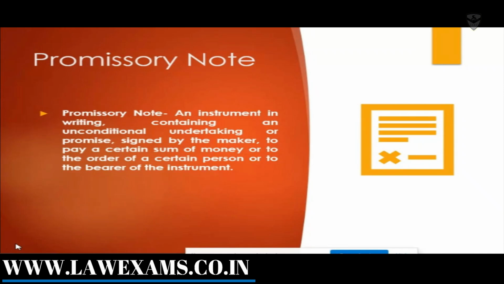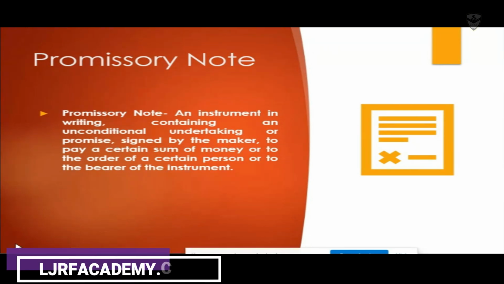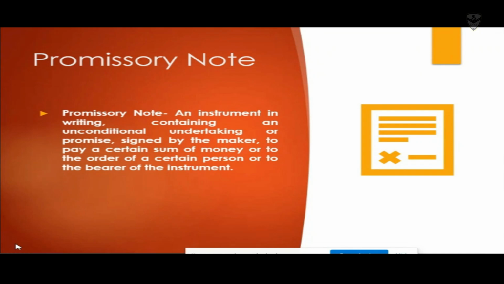So somebody is giving an undertaking, somebody is giving a promise, signed by the maker. The person who is giving you the promissory note has to sign it. And what is the undertaking? To pay a certain sum of money to the order of a certain person or to the bearer of the instrument. That means he is undertaking that I will pay so much money to you, or I will pay so much money to the person who is coming up with this instrument.